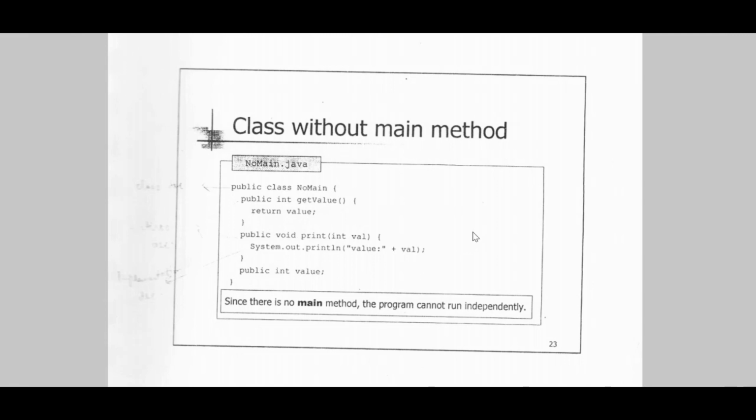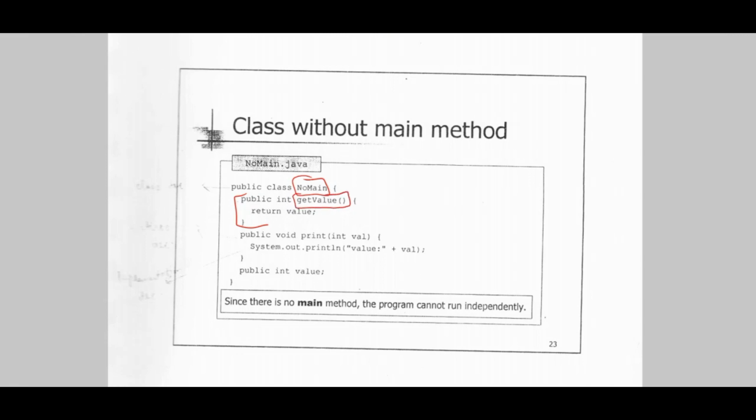So we have in here an example of a Java class with a name noMain, and it is given a name noMain because it is a Java class without main method. As you can see here, we have one method. What is the method name? The method name is getValue.